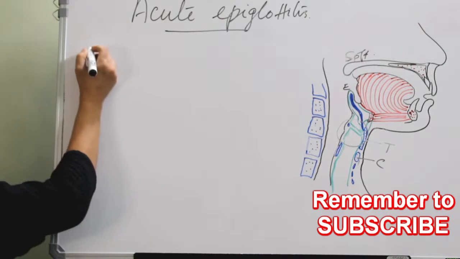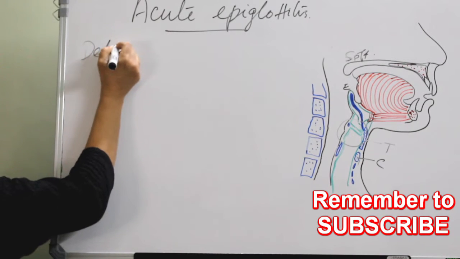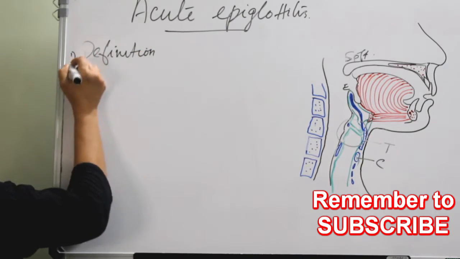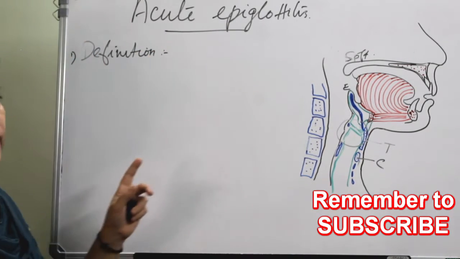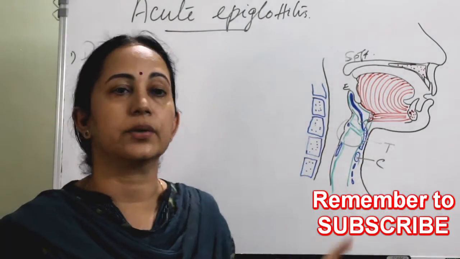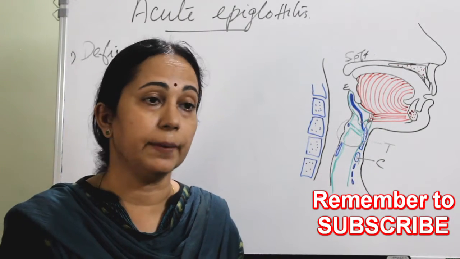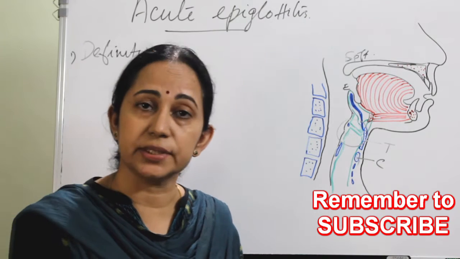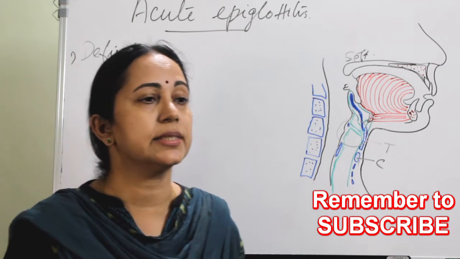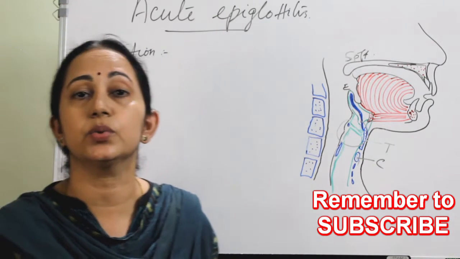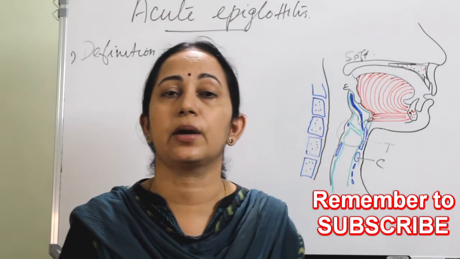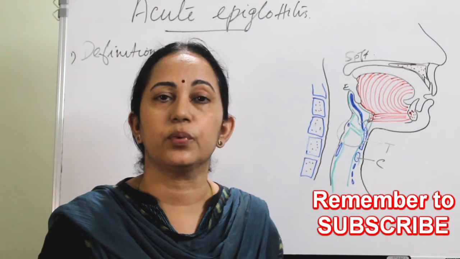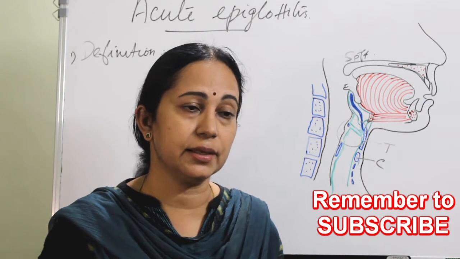Any short note should have a definition first. So, acute epiglottitis is inflammation of the epiglottis which occurs within a very short time. This happens in adults and children. In children, the commonest age group is 3 to 6 years, and in adults, it happens in the 5th decade, that is in the 40s, usually from 45 to 50 years.